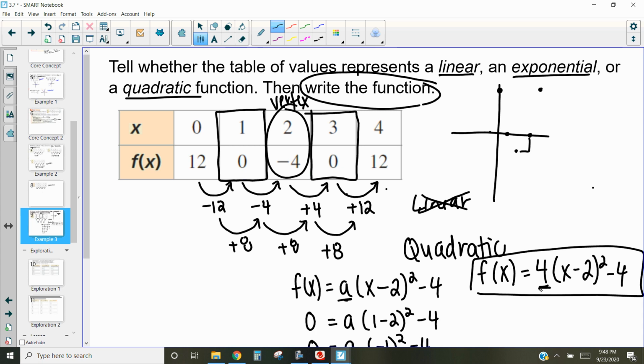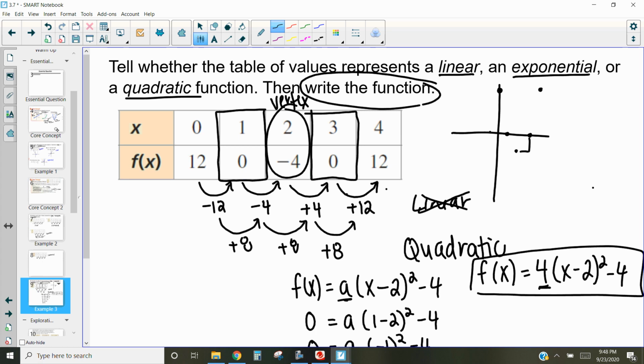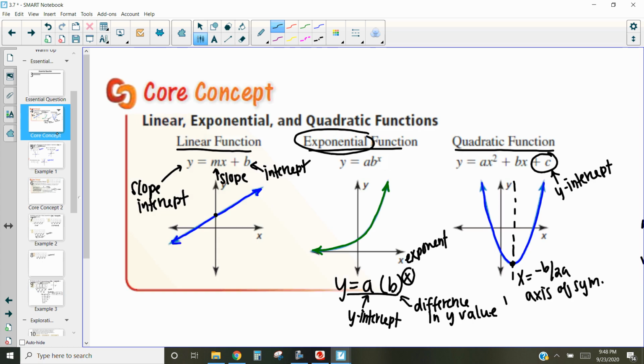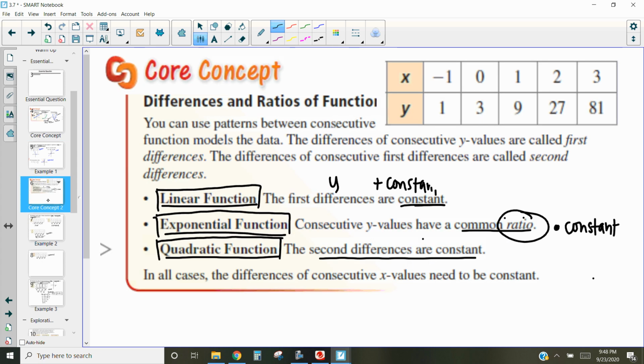But that is basically how we tell the difference between a linear, an exponential, or quadratic function. So remember, if we're graphing them, linear is a straight line, exponential goes up faster or down, and then a quadratic makes that U shape. If we're given a pattern that we have to observe, with a linear function, as we go from the first one to the next numbers, we're adding something. If it is an exponential function, we are going to multiply something between each of these.